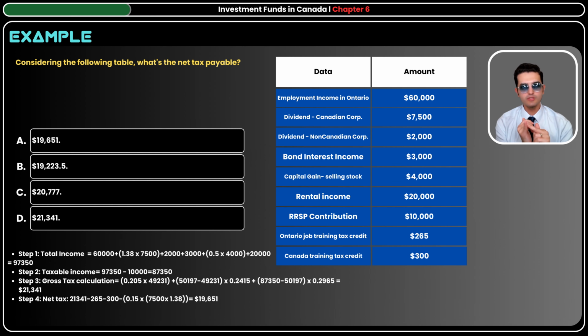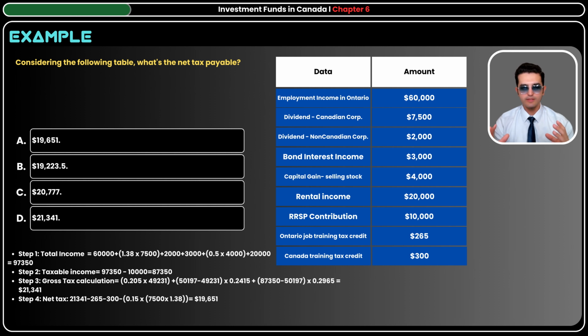We calculate gross tax. $87,350 goes through the first three tax brackets, which rates are 20.05%, then 24.15%, and 29.65%.